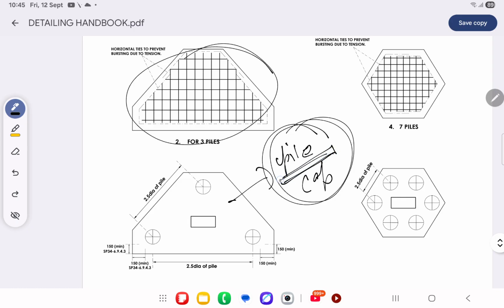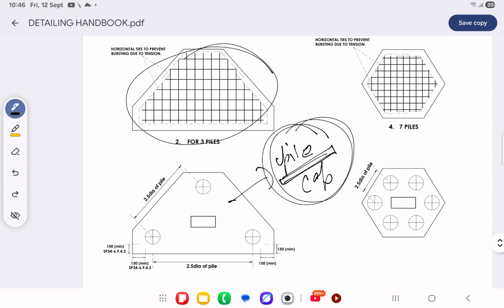We'll see how much we generally need, and accordingly we provide the number of piles, because it totally depends upon the loading condition that comes from the superstructure to the column. Accordingly we'll decide how many piles we can provide, either 2 piles, 4 piles, or 3 piles.